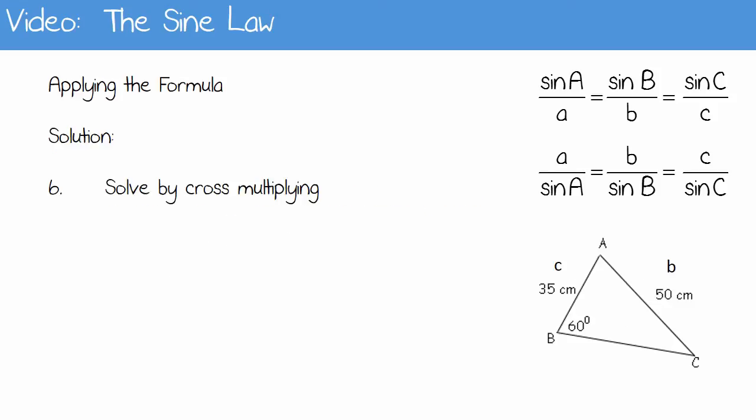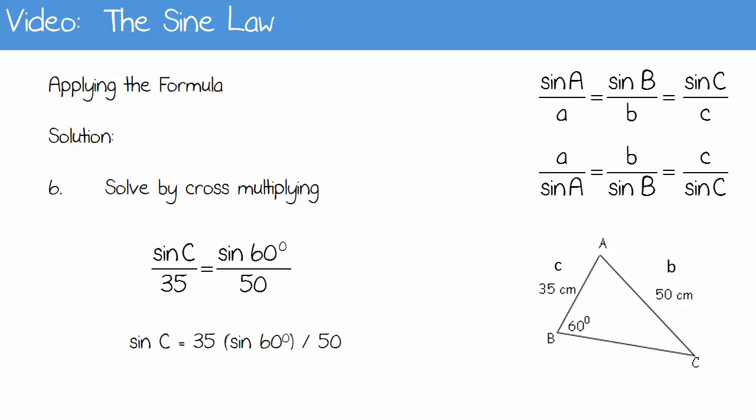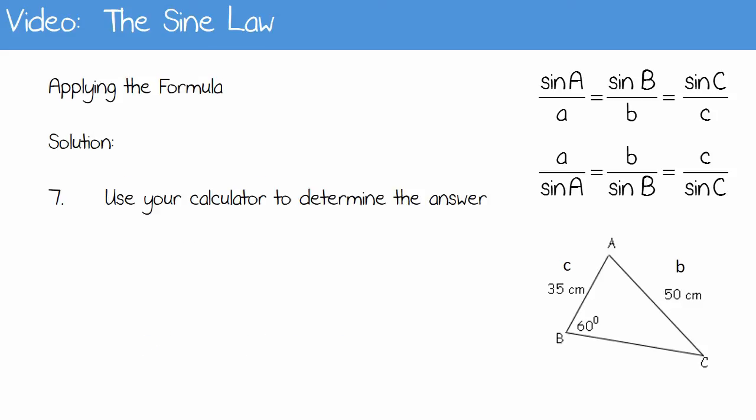And now solve by cross multiplying. Sine C equals 35 times sine of 60 divided by 50. Now use your calculator to determine the answer.